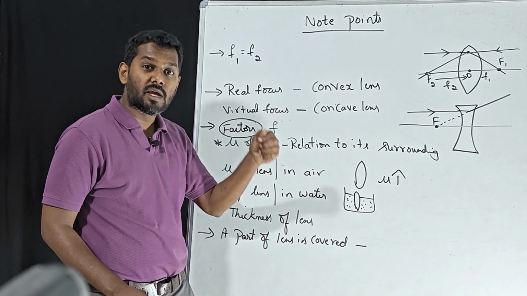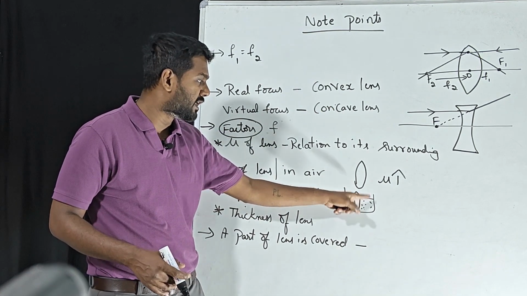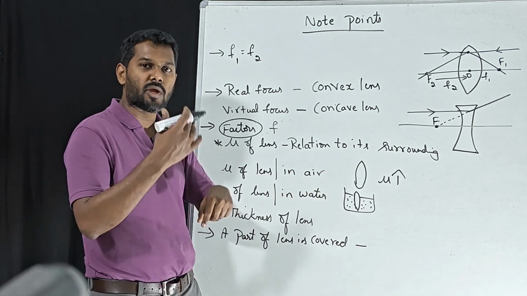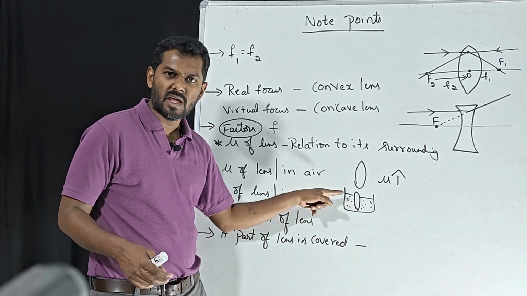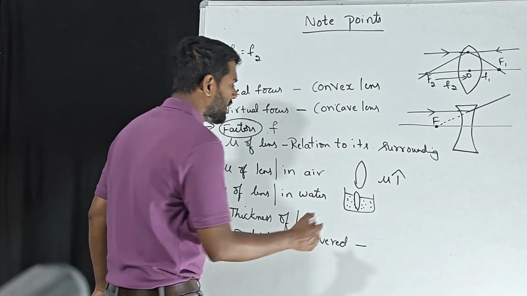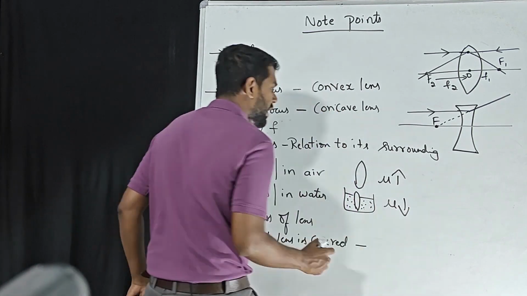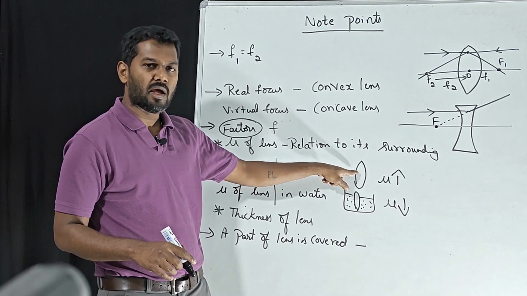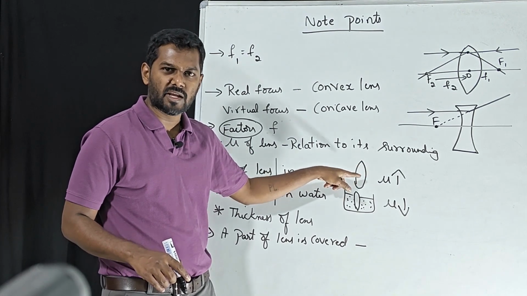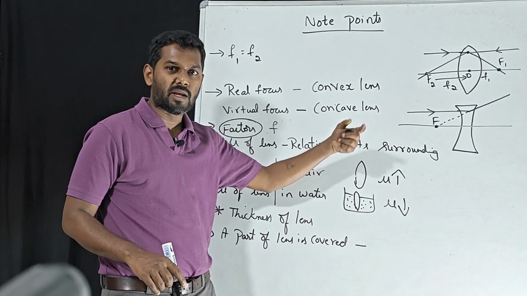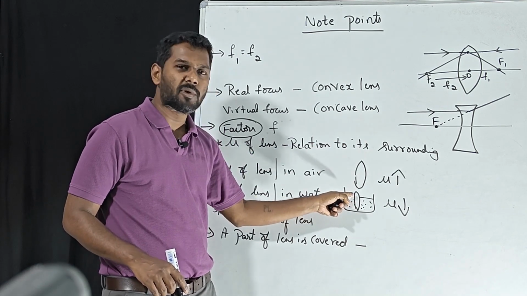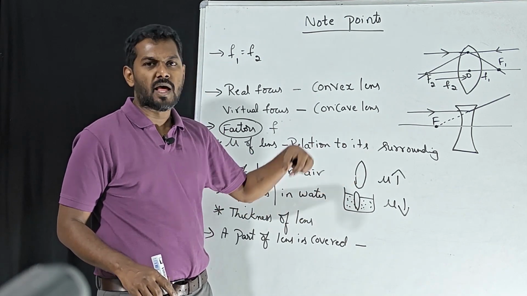The refractive index of water is greater compared to air, so the difference between the refractive index of lens and water is less. Initially, the difference between the refractive index of lens and air was more. Now, when you keep it in water, it becomes less.